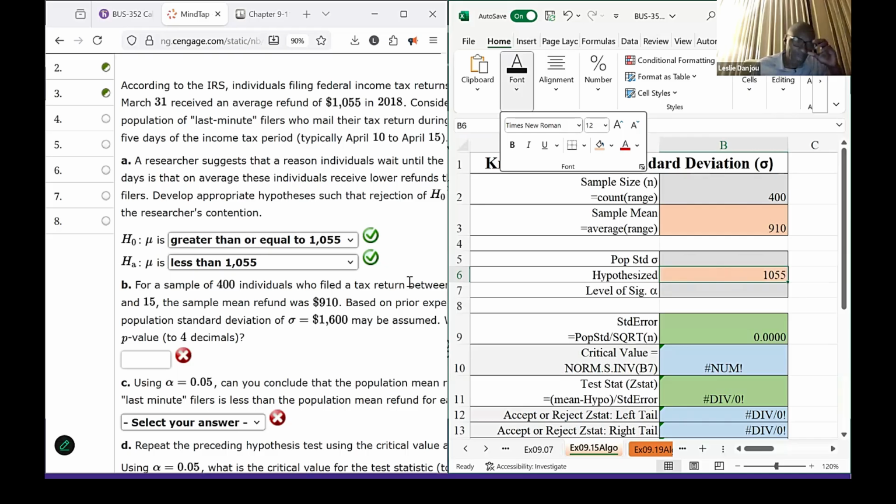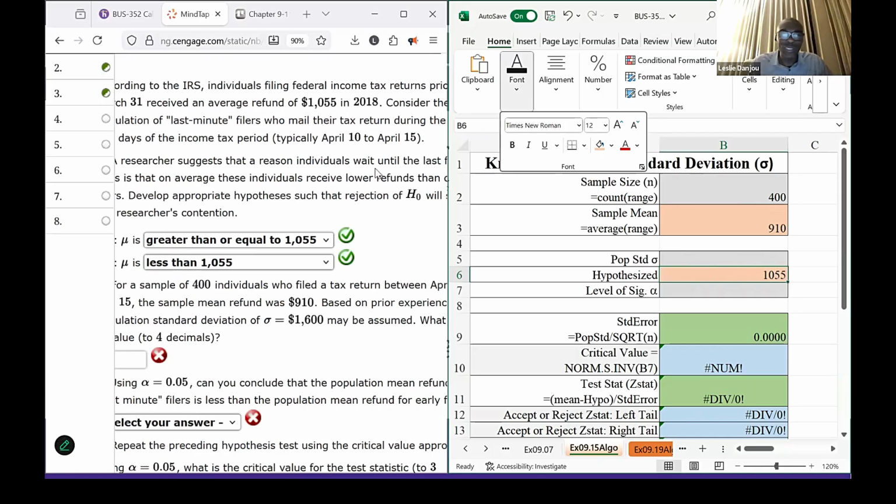The alternative is that it's going to be less than. If you submit your taxes 5 days or less before the deadline, you're going to get less than the average. So is this number statistically overwhelmingly less than this number right here? We have to test it to see.